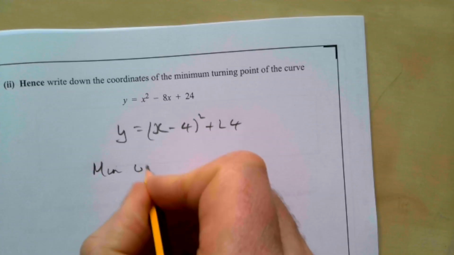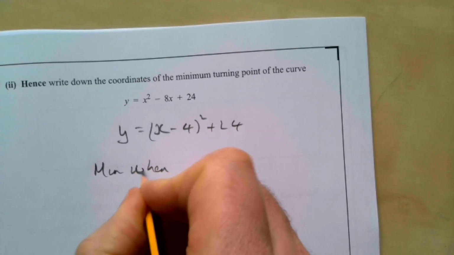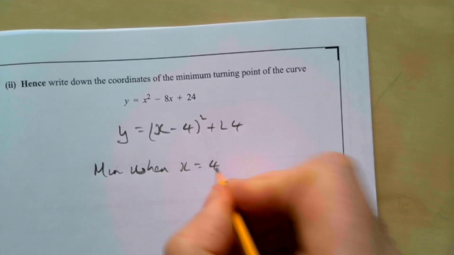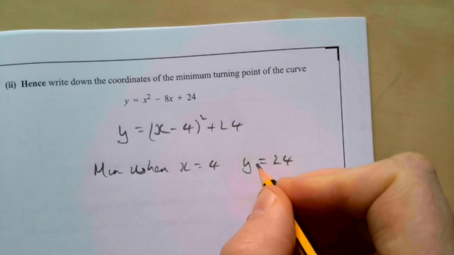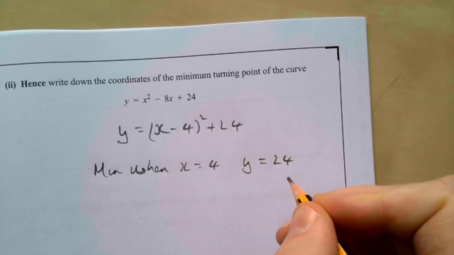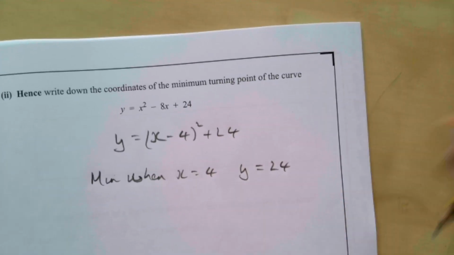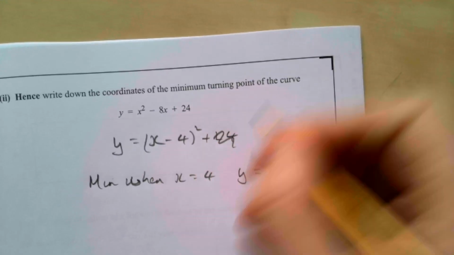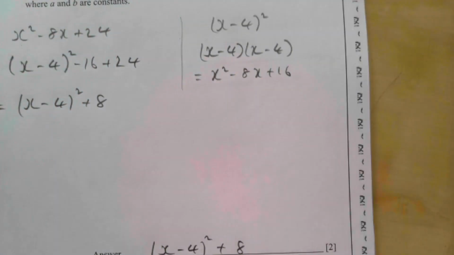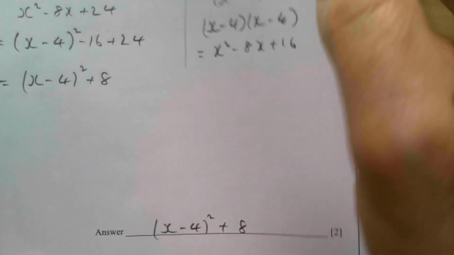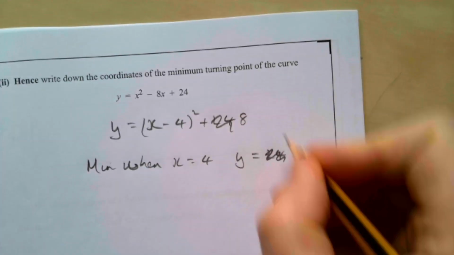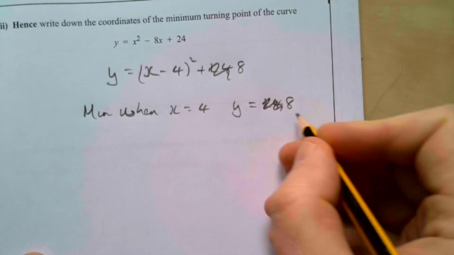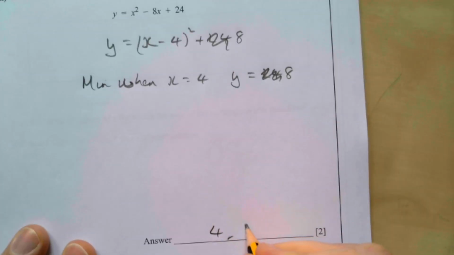So there's a minimum when x equals 4, and that gives me y is 24. Sorry, I knew there was something wrong there. That's not a 24, of course, that's an 8. Look at the end of the question there. We have an 8 here. That's plus 8, and y equals 8. So the minimum point then is the coordinate 4, 8.